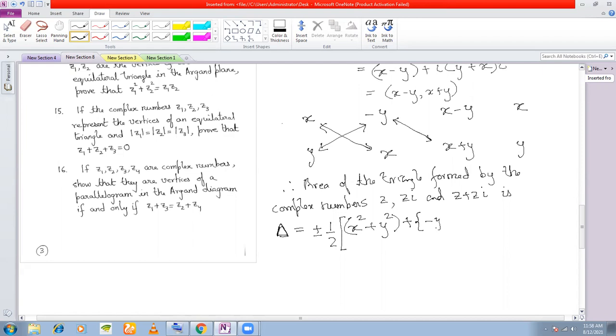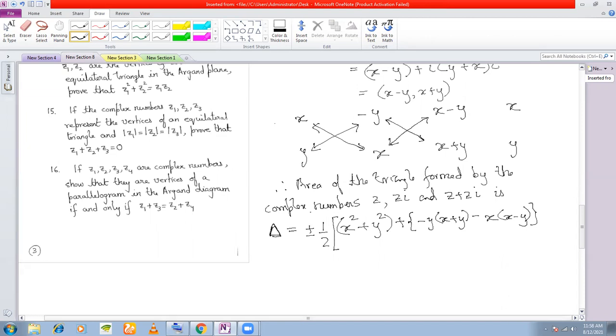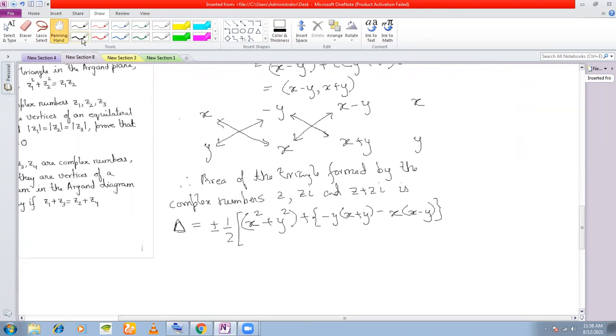So you get minus y into x plus y, minus the product of these two, x into x minus y. Okay, and plus multiply these two: y into x minus y minus x into x plus y.